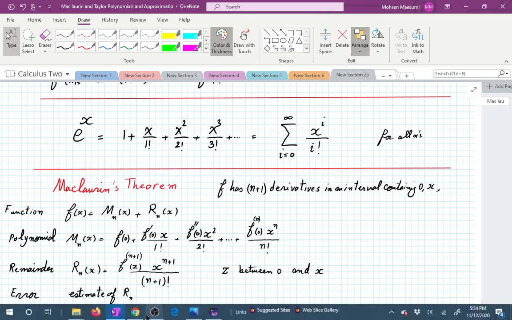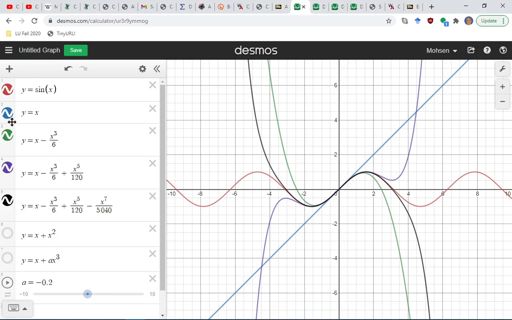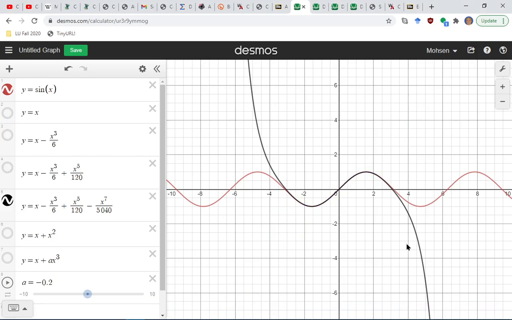Let me go to this picture and show you again. Let me remove the clutter and just have one of them. The black one is the degree 7 approximation for the sine.